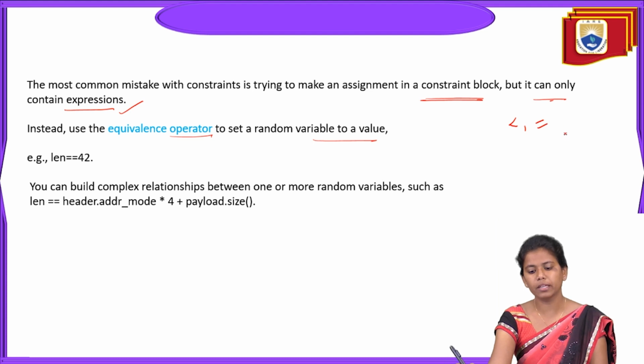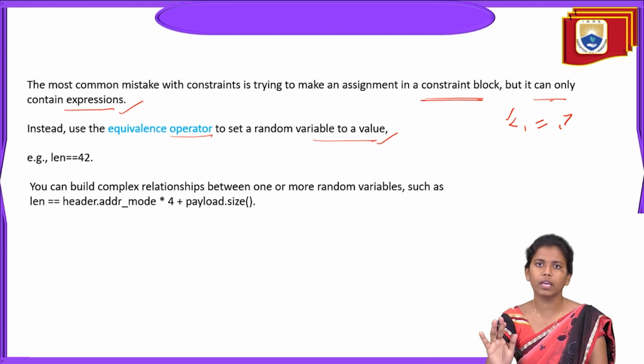The equivalence operator is used to set a random variable to a value. And if not the equivalence operator, we can also go with the greater than operator, a relational operator. Either way we can consider greater than, less than or the equivalence operator.